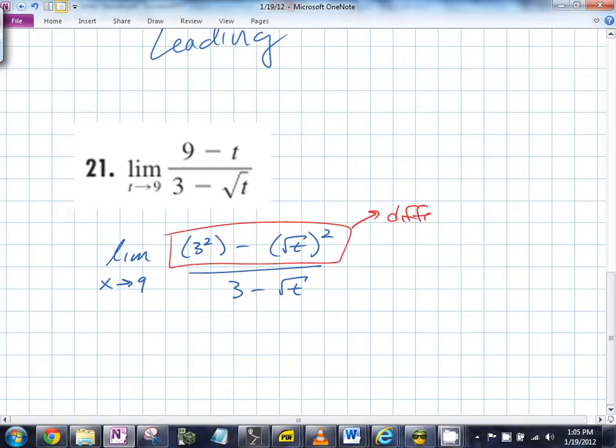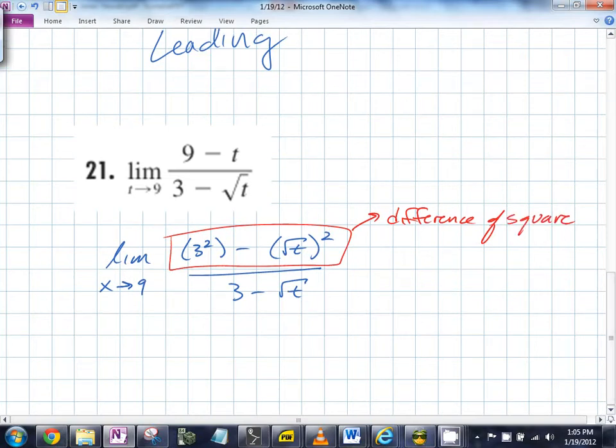The reason I did that is, can you plug in 9 into the denominator? So I really want to cancel out that 3 minus root t. So somehow I wanted to get that, and then I said, wait a minute, what is 9? 3 squared. What is t? The square root of t squared. What does that mean? You can rewrite this as the limit as x goes to 9 of what? 3 minus root t times 3 plus root t.